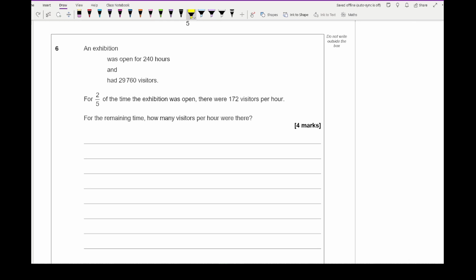So for this, we know that the exhibition was open for 240 hours, and that for 2/5 of the time the exhibition was open, there was a rate of 172 visitors. So the first thing we need to do is work out what 2/5 of 240 hours are. So we do 2/5 times 240, which gives us an answer of 96.